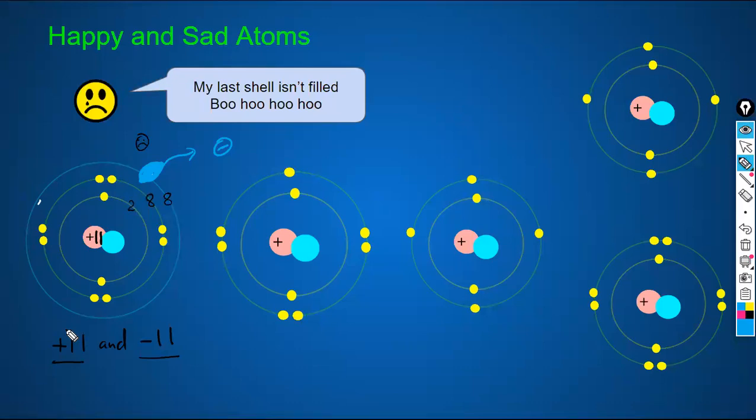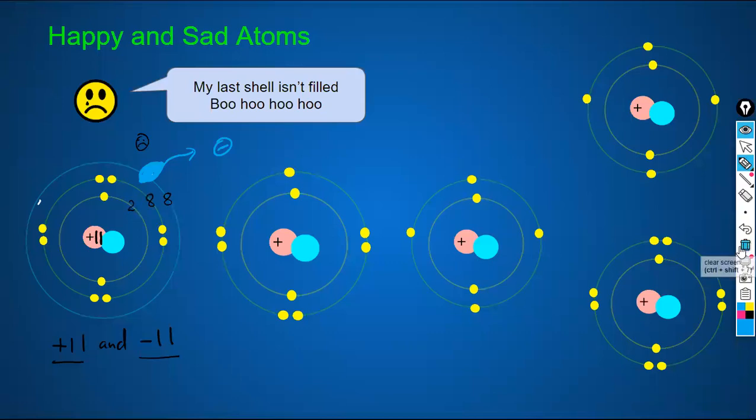Right. Electrons will always look for the easier way to accomplish happiness. Gaining 7 is harder. Losing 1 is easier.